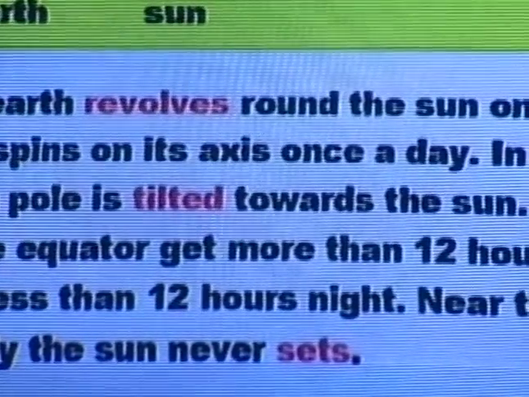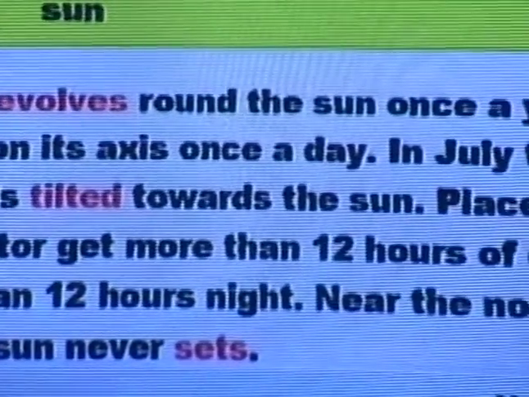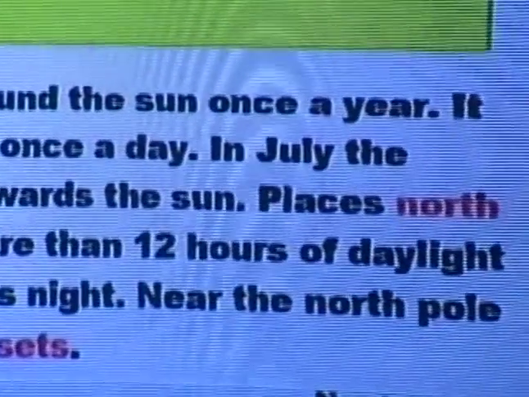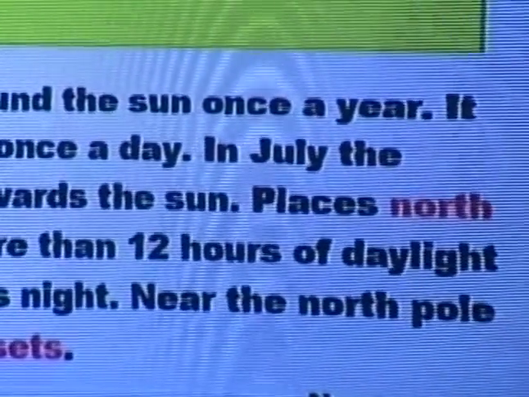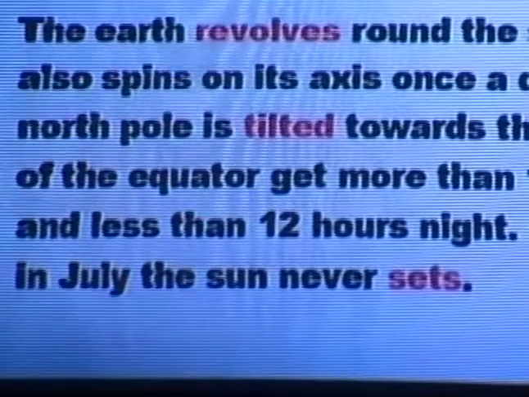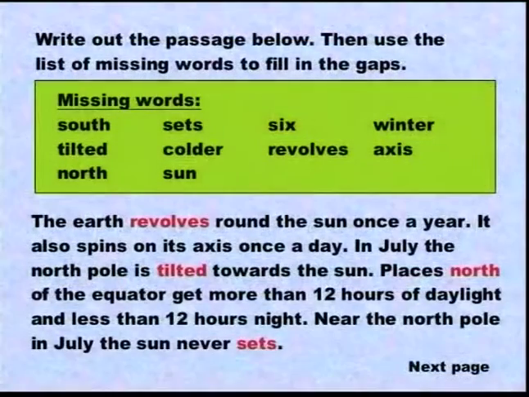Therefore, places which are north, the word north was what was missing. So places north of the equator, they get more than 12 hours of daylight and less than 12 hours of night. Near to the North Pole, in July, the sun never sets. The word sets should go in that particular blank space.